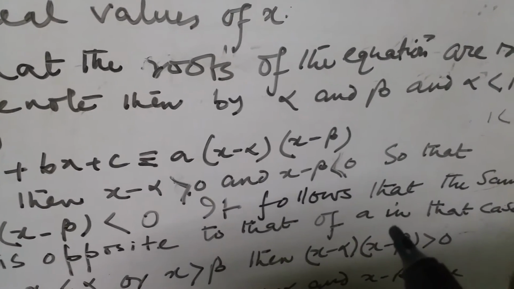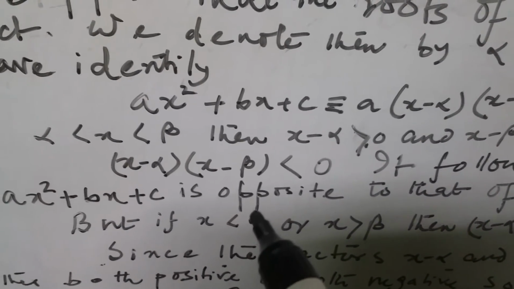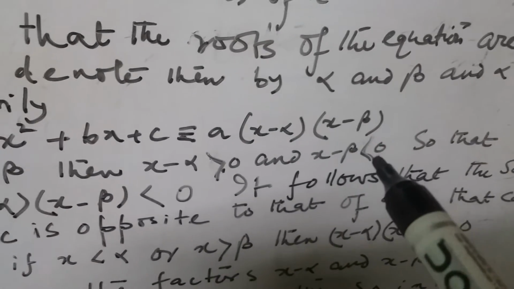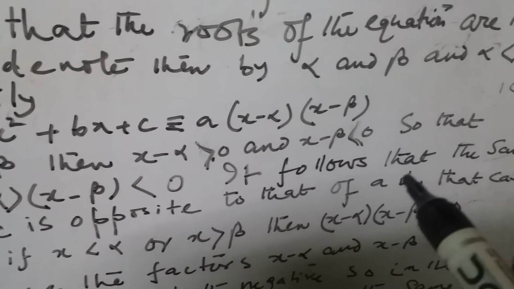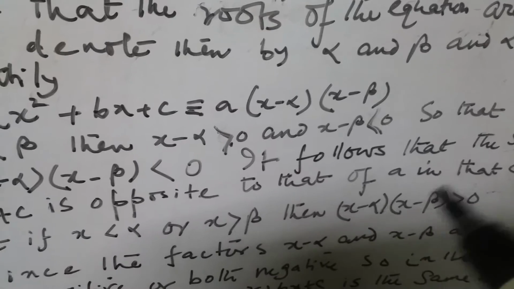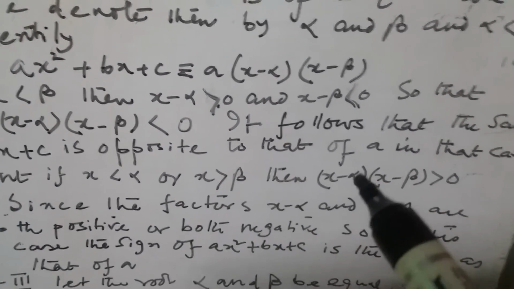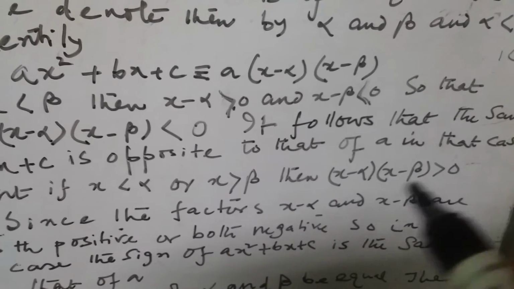But if x is less than alpha, and beta is greater than alpha so x is also less than beta, then both factors are negative, and that's why x minus alpha into x minus beta is greater than 0.